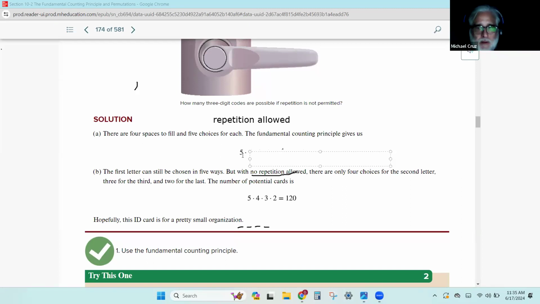In other words, you're open to use the same 5 letters in each of the 4 spots. But when we have no repetition, once we use one, there are only 4 left. Once we use those, there's only going to be 3 left. Same thing on the next one, only going to be 2.